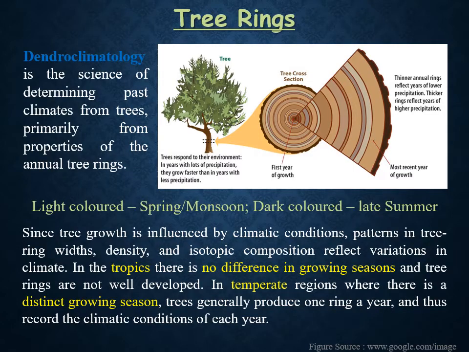The next type of proxy from which we get records of ancient climate is the tree rings.